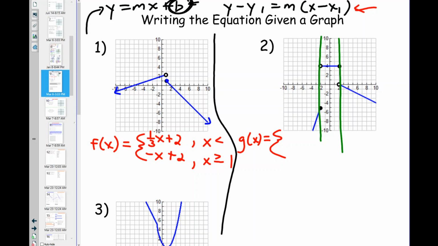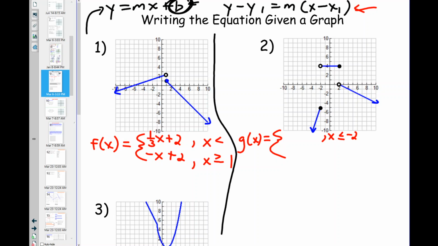How can you describe, like, what do you call all of the x's that are on this side to the left? Less than -2. So whatever the first interval is going to be when x is less, and it's not going to be less than, it's going to be less than or equal to -2. Why less than or equal to? The leftmost piece has a solid endpoint. And even though we don't see arrows, we'll assume that these should have arrows that just got cut off.